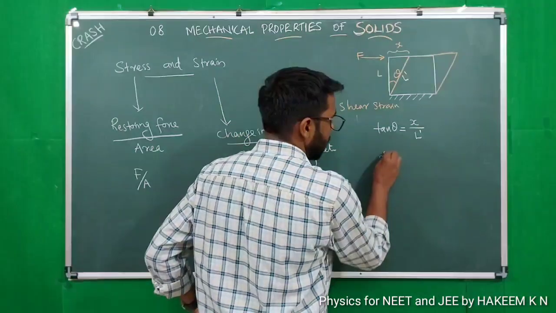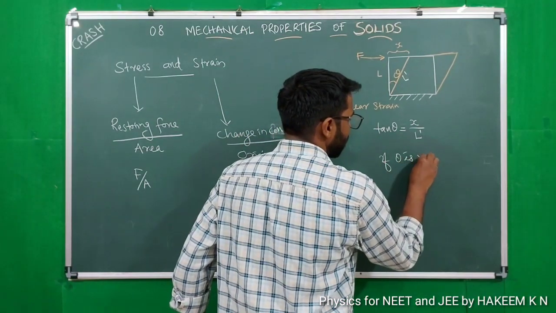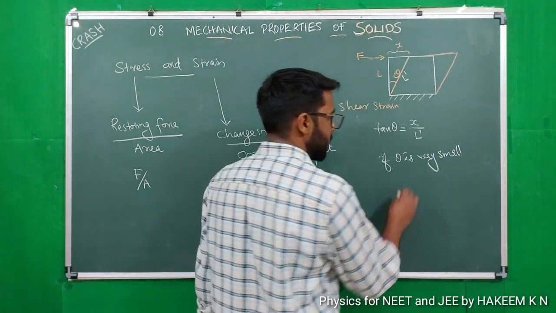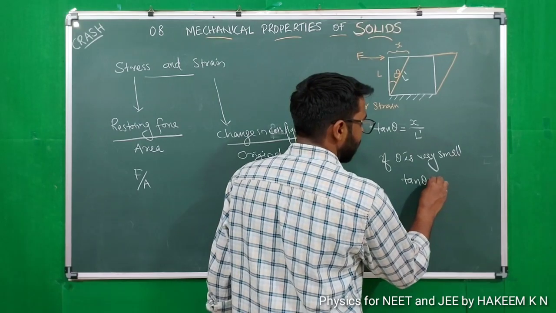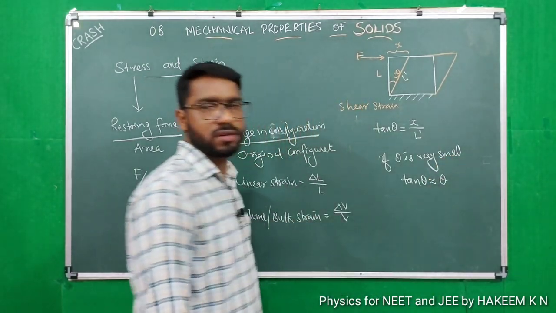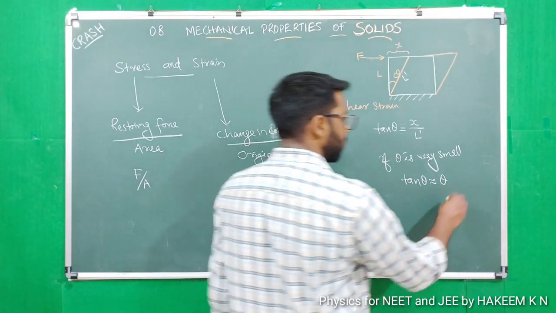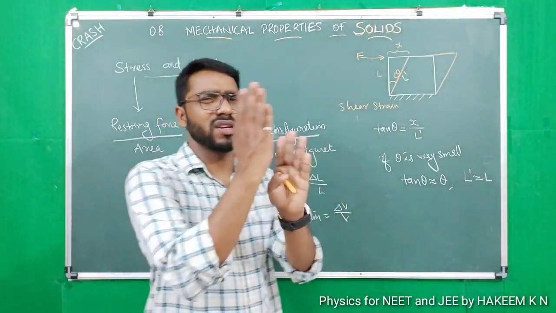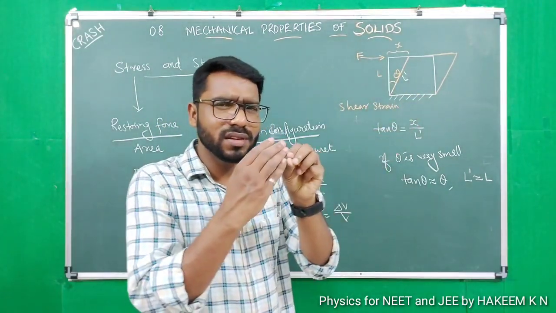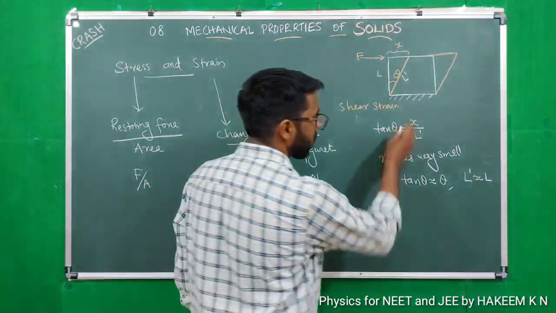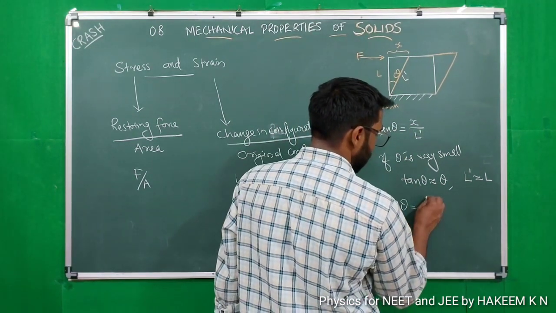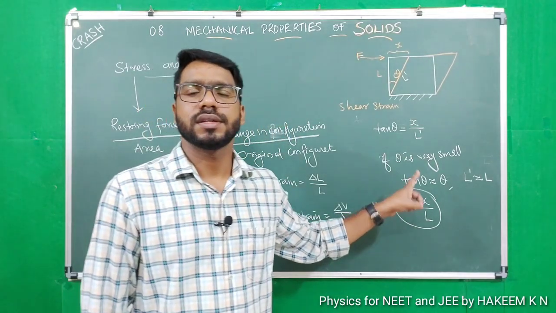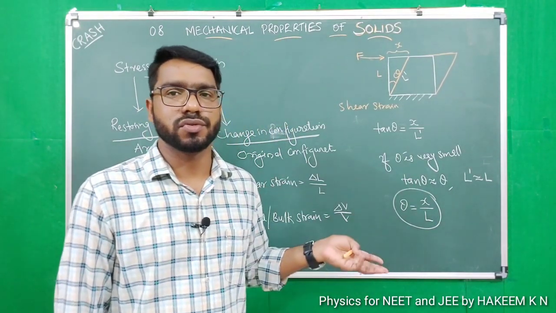If theta is very small, then tan theta is approximately equal to theta, and L dash is approximately equal to L. So we can rewrite this as theta equal to x by L. This is the tangential strain or shear strain.